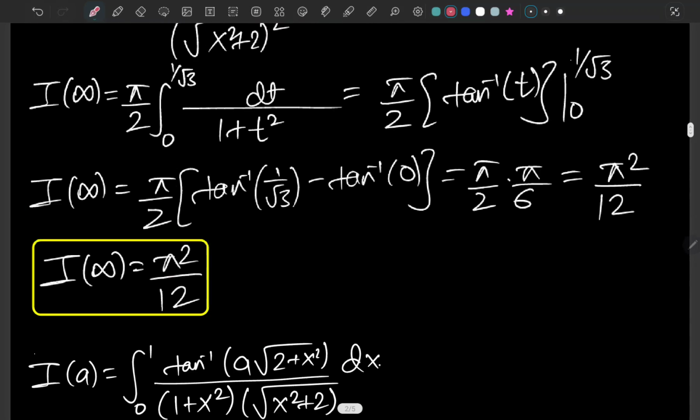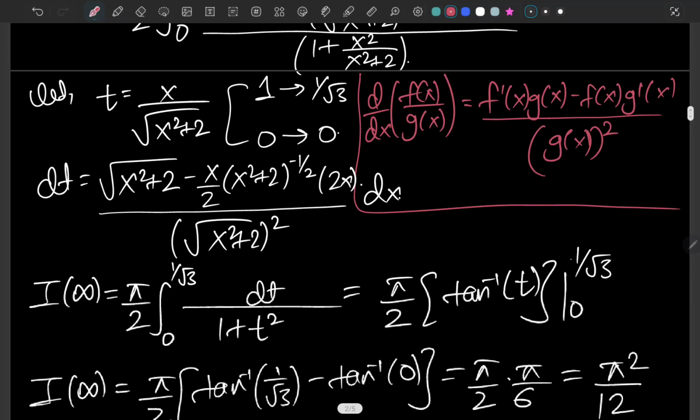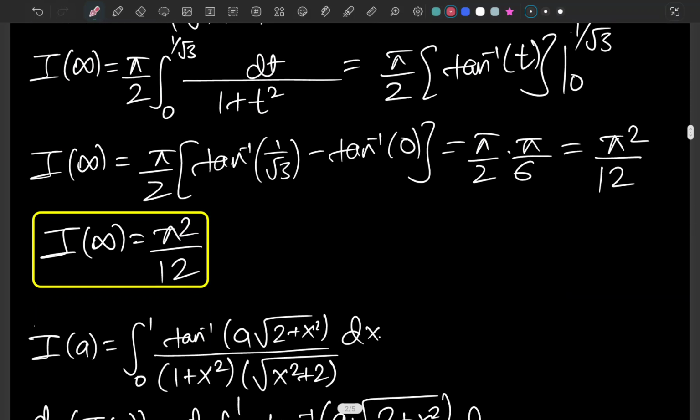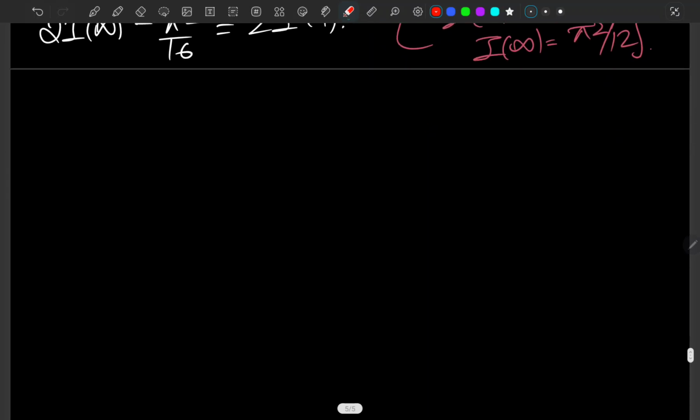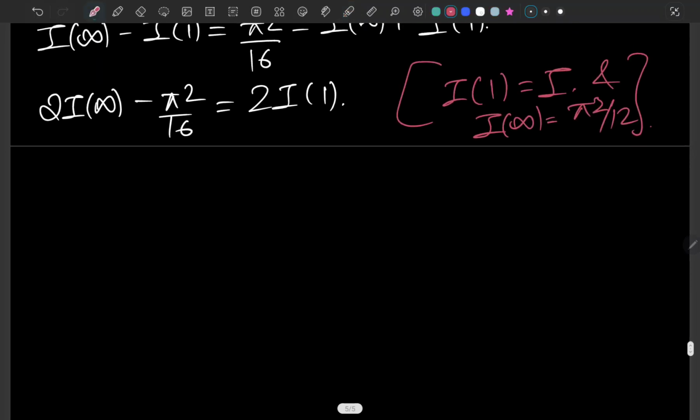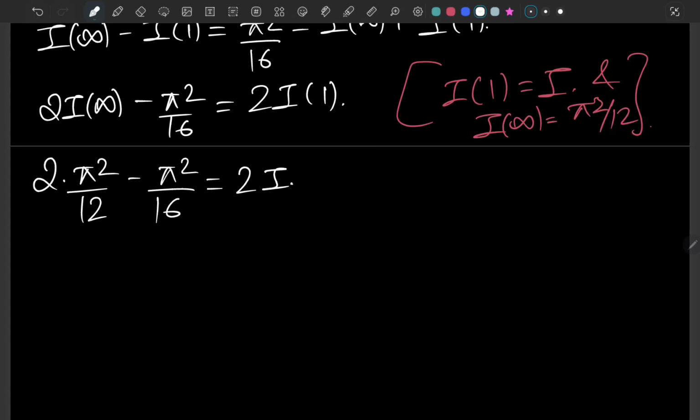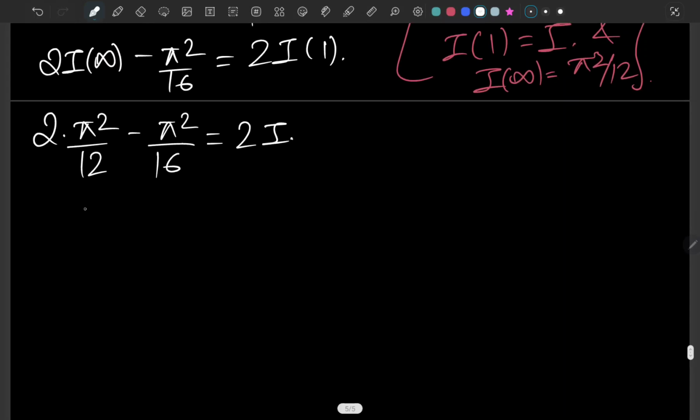Let me just check that again. Yeah, here it is. So let's plug these things into our result. So 2 times pi squared over 12 minus pi squared over 16 equals 2 times I, right? So that's going to give us pi squared over 6 minus pi squared over 16 equals 2 times I.